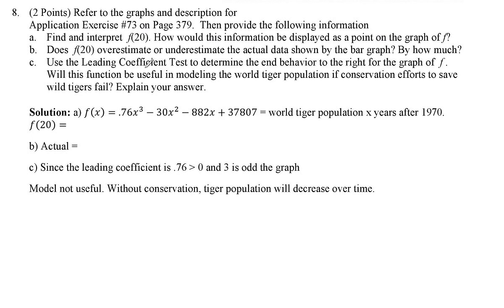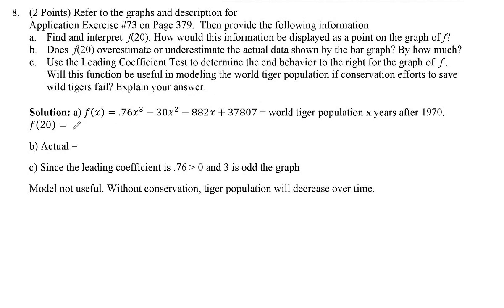And then we're going to use the leading coefficient test to determine the end behavior and ask if the function is useful in modeling. So if you look back at this problem, it gives you this equation here, and that models the worldwide tiger population X years after 1970. Okay, so that's problem 73 on page 379. So you're going to be doing the same thing, but your numbers are going to be just a little bit different. So they ask us here to find f of 20 and interpret it.